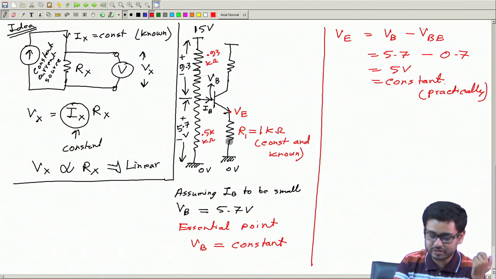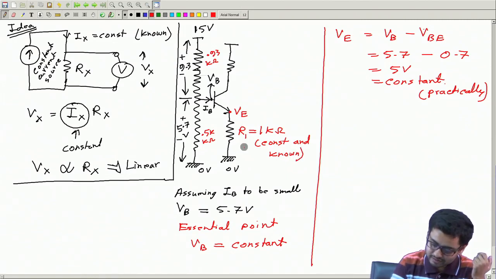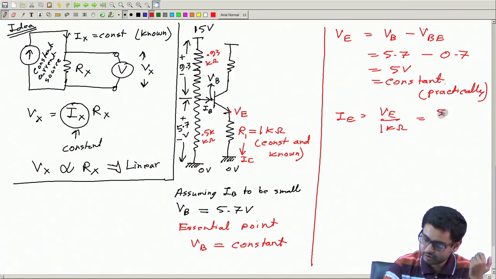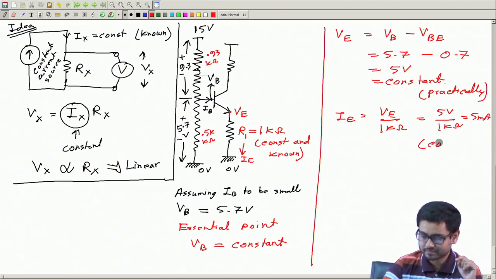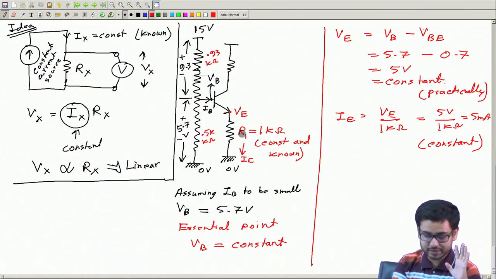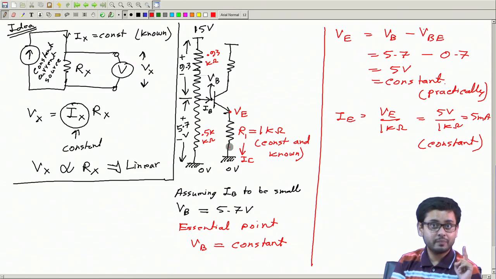Then what can I write about this current, IE? Then IE will be VE, this voltage, divided by 1 kilo ohm. Now, this is 5 volt by 1 kilo ohm, which is 5 milliampere, practically constant. Okay. So if R1 is constant, R1 I am not going to change, so this current is going to be practically constant, and it doesn't depend on this resistance.